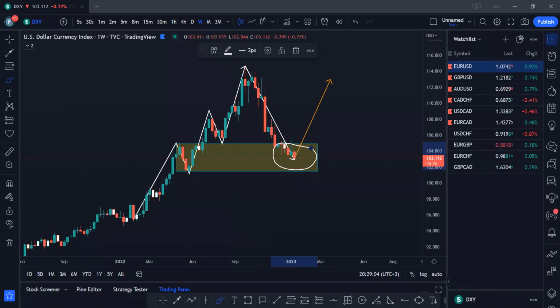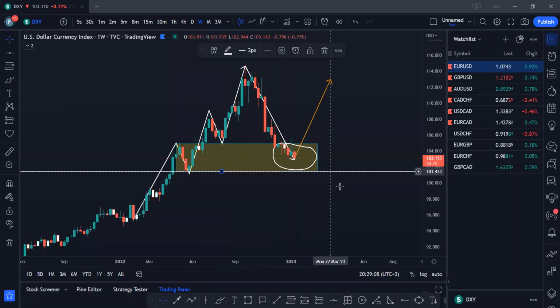But we should start getting worried if the index goes beyond the zone. But ultimately, there'll still be that reversal that we need, okay? But we are not in any threats of a downtrend yet on the index based on the weekly anyways.